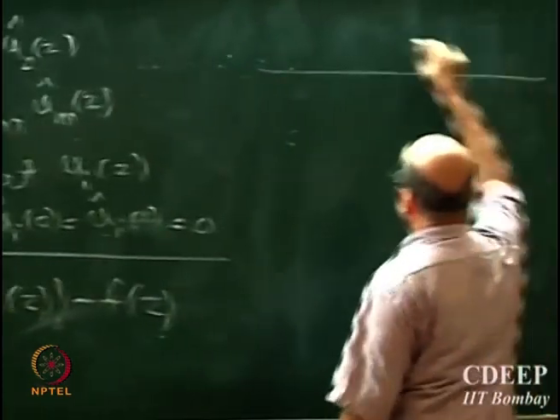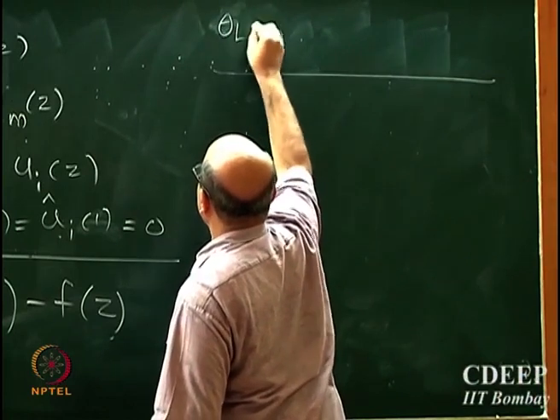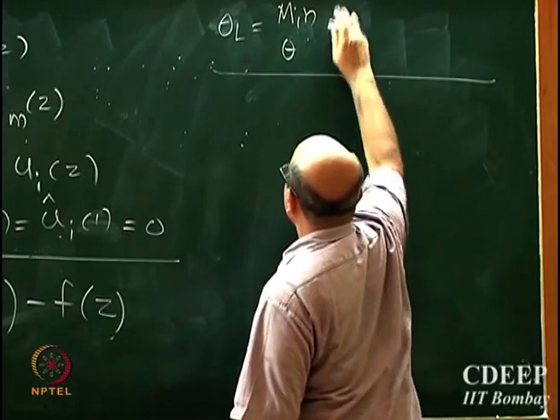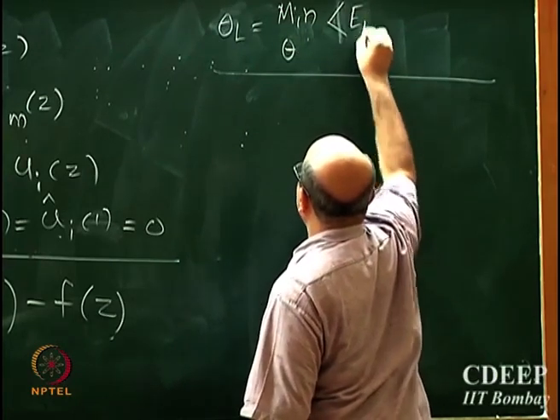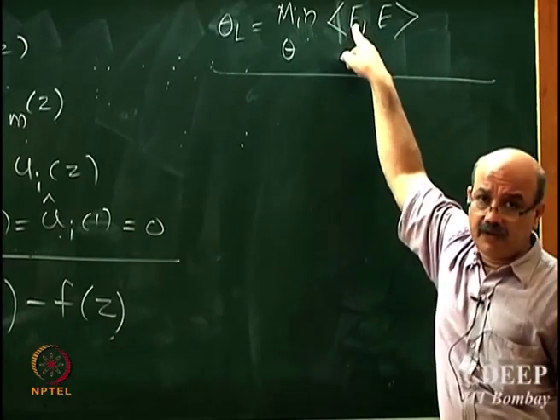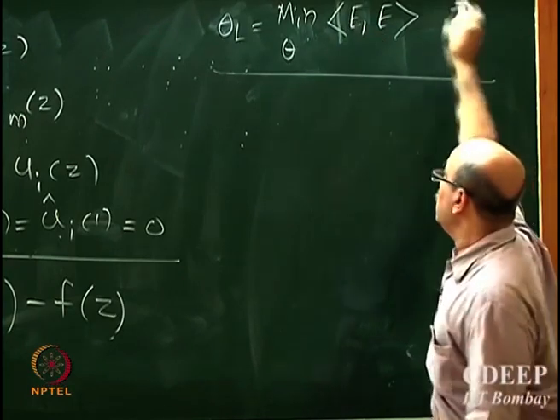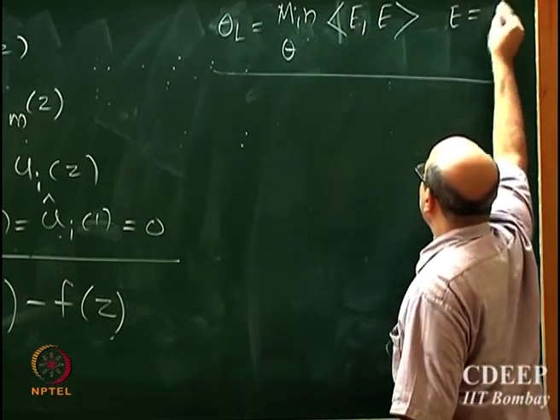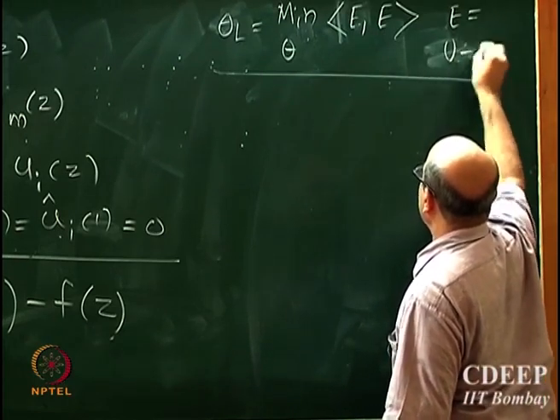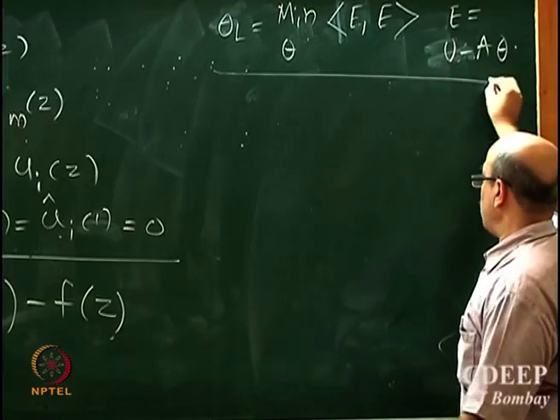Just keep this in the background. In the finite dimensional case, we wanted to obtain theta. So theta least square was the minimum with respect to theta of the inner product of error and error, the sum of the square of errors, least square estimation. The error vector was defined as A theta minus b. Just keep this in the background.